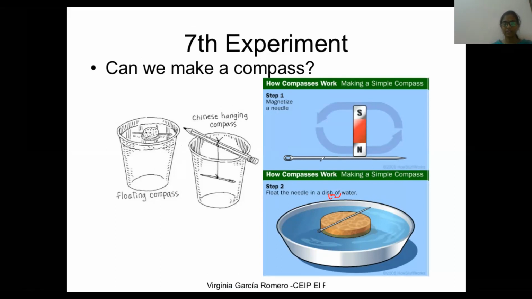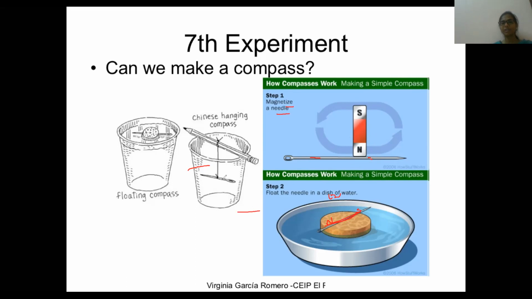You take one iron needle and magnetize it. How do you magnetize it? By rubbing it against a magnet 10 or 30 times, it will get magnetized. Put this magnetized iron needle on the cork like this and immerse it. Because it's magnetized, it acts like it has a north pole and south pole, so it will become freely suspended.